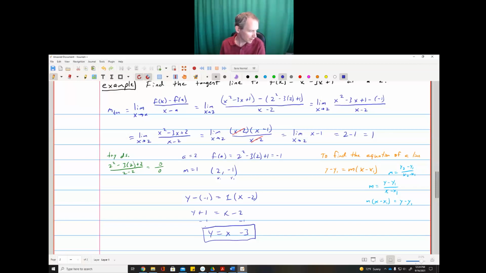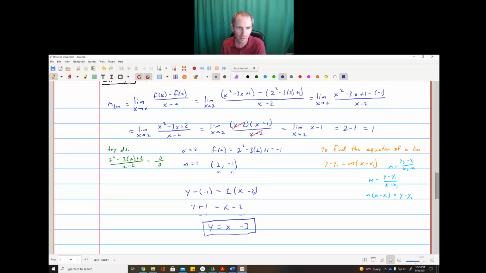All right, I want to do a second example, or maybe what I'll do is I'm going to redo this problem, but I'm going to use the other formulation that we have for slope of the tangent line. Okay.